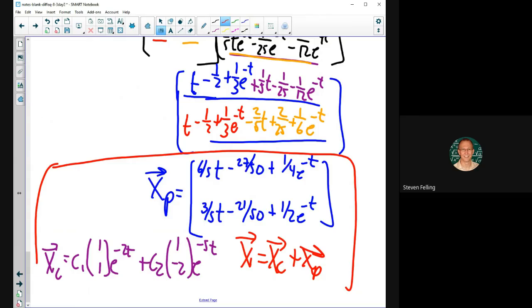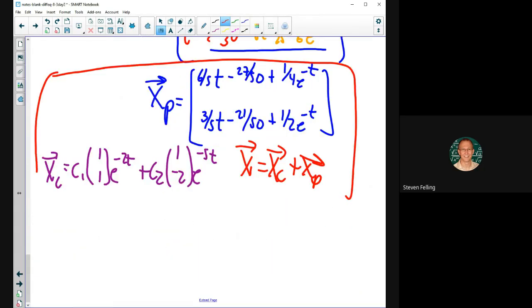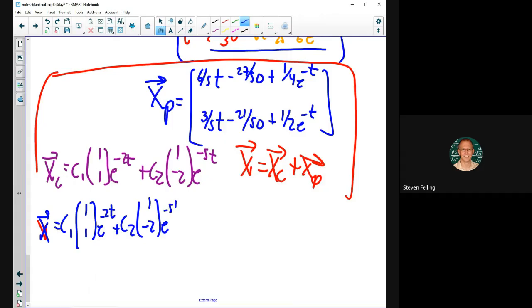In fact, let me just write it one more time to show you the way it probably will show up if you see it in the textbook. It'll say x is equal to c1 times a vector times e to the negative 2t. So there's some stuff in the solutions related to e to the negative 2t. And then there's going to be c2 and a vector for e to the negative 5t.